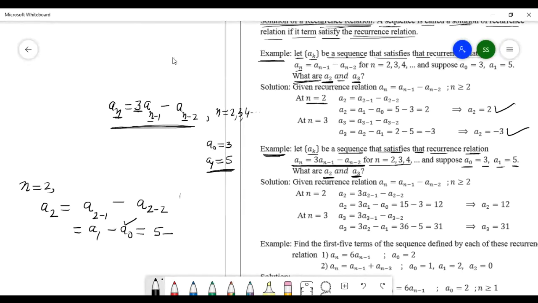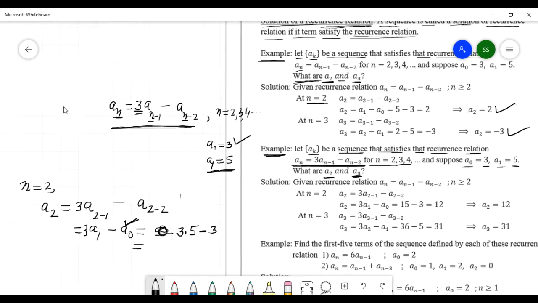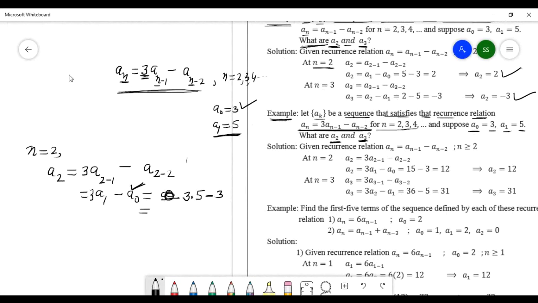So 3 multiplied by 5 minus A0, A0 means this one, 3. Equal to what? 3 multiply 5 is 15, minus 3 equal to 12. So A2 equal to 12.